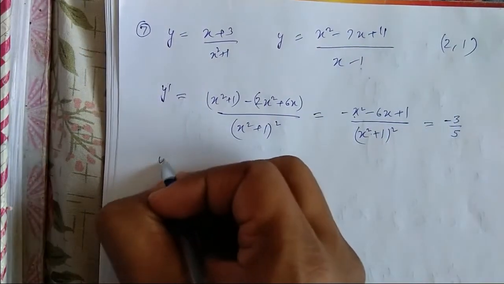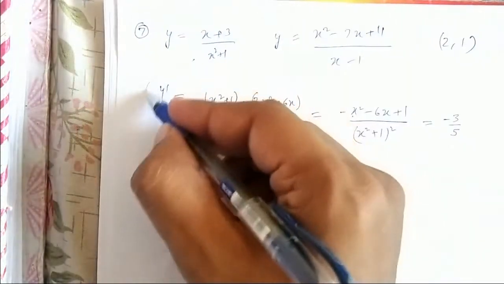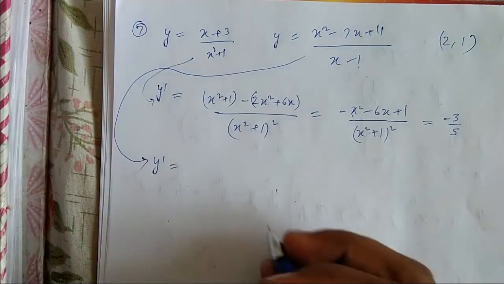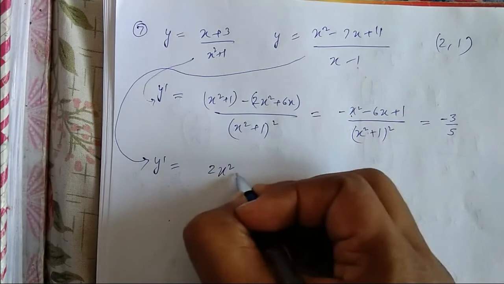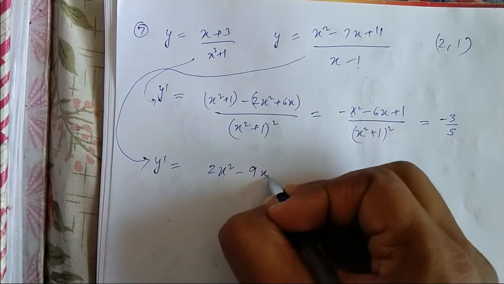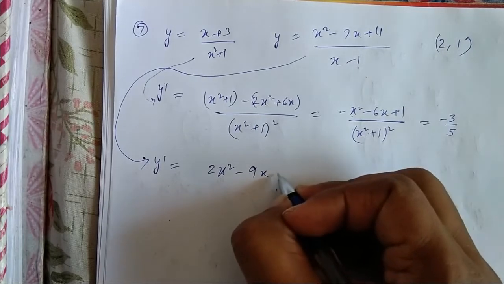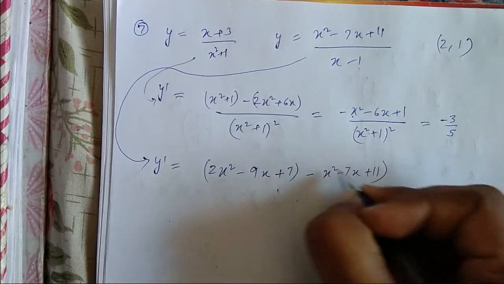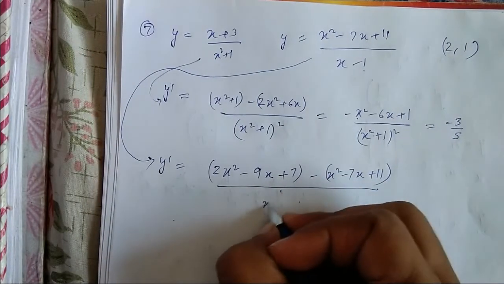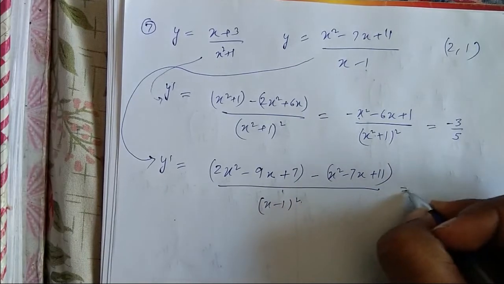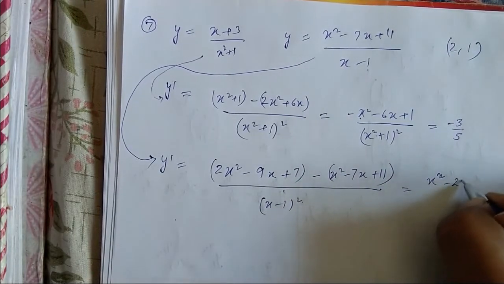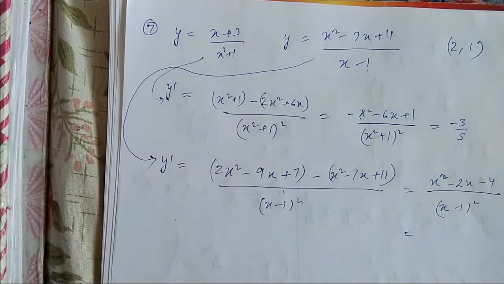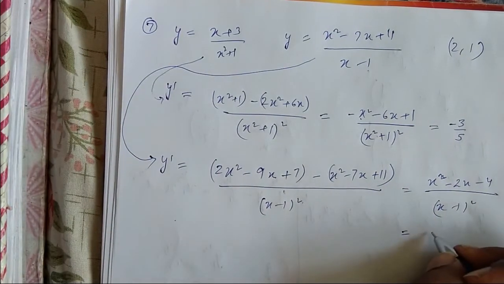And y dash for the second curve would be 2x square minus 9x plus 7 plus 11 upon x minus 1 whole square, so it would be x square minus 2x minus 4 upon x minus 1 whole square. At x is equal to 2, this would give us the value equal to minus 4.